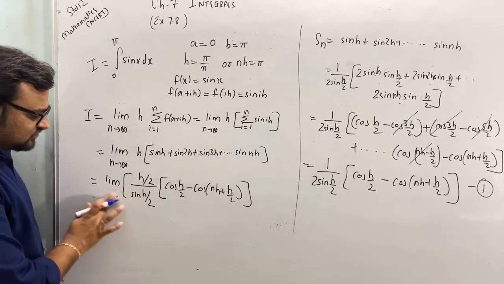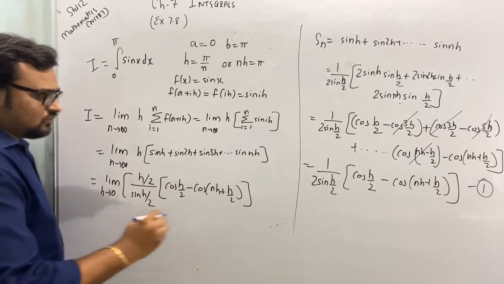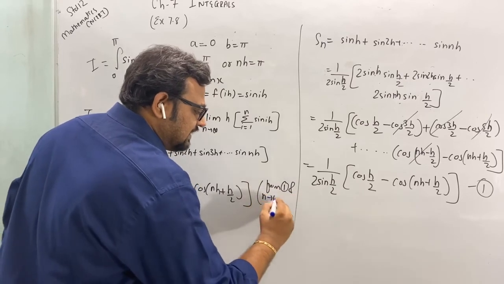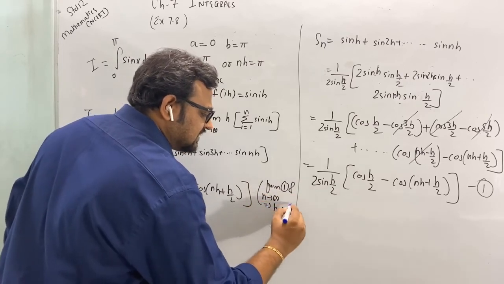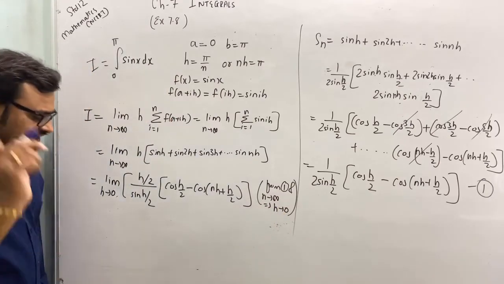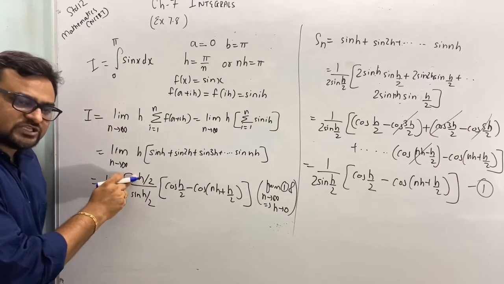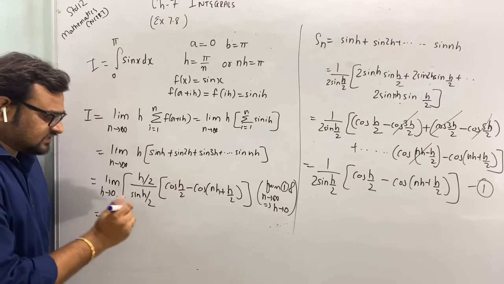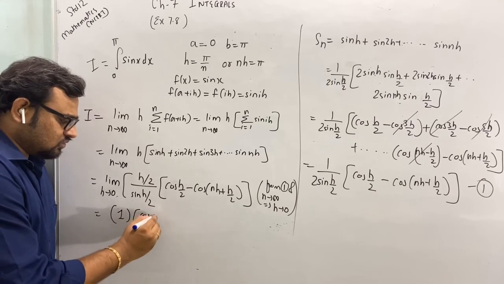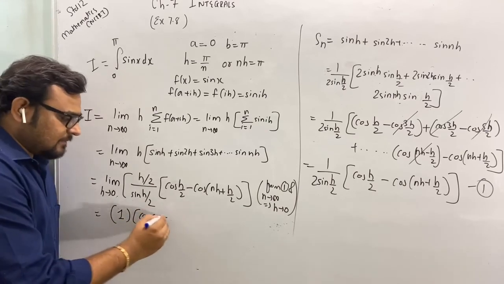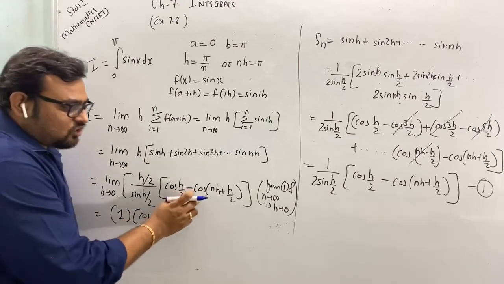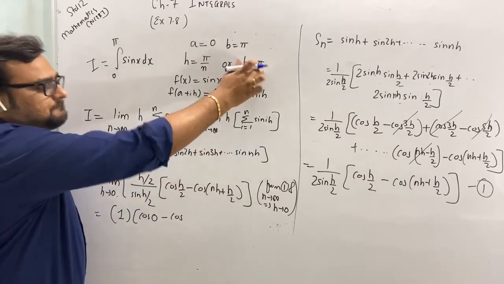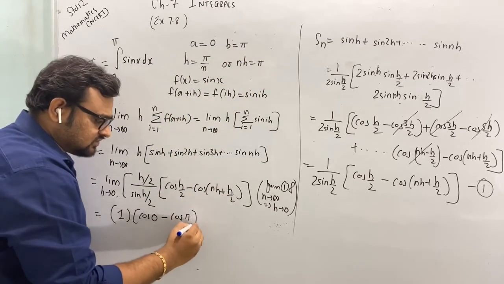And instead of n tends to infinity, I can now write, from 1, n tends to infinity implies h tends to 0. So see now, as h tends to 0, sine h by 2 upon h by 2 is 1. Cos h by 2, what is h? 0. So cos 0 minus cos of nh plus h by 2. What is nh? Pi. And h is 0, so it's cos pi.